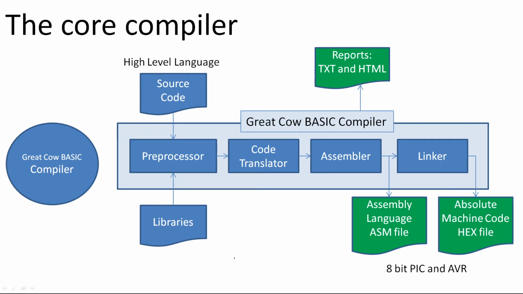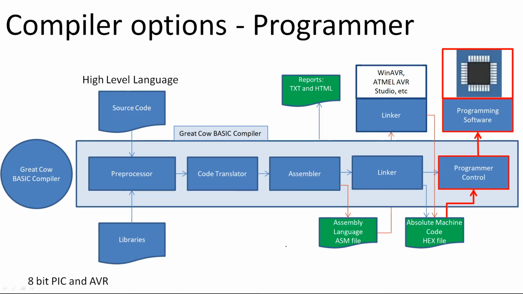Just clear those down. Let's look at some other options that you've got. Well, if you want to change the way that you program, you want to use your own linker, you can just change the command line switches that call the compiler. And what it will do, it will take your source code, as it did before, merge it with the libraries.